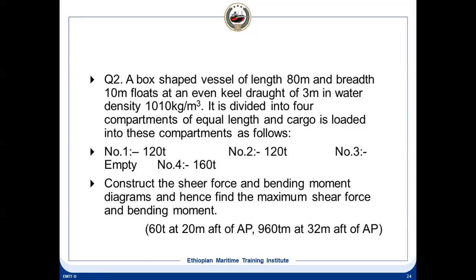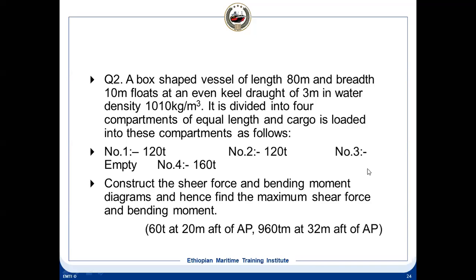If you consider the light ship with 3 meter draft, that means before the loading of these 3 masses, both the actual values you are getting are correct. Whether you calculate the light ship with 3 meter or you deduct this mass to find out, it means 2424 is the light ship or 2024 is the light ship, both values you are getting the same.